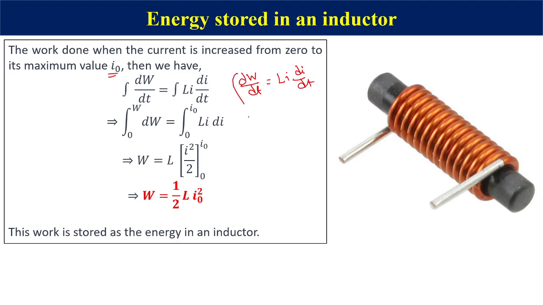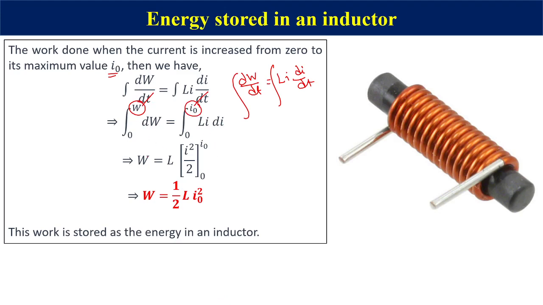So I have to just integrate this so that I get the work done when the current is achieved to its maximum value I naught from 0. In that case, this dt may be cancelled and you remain with 0 to W, where W is the work done when the current is I naught. That's equal to integration on the other side, 0 to I naught, L I di.